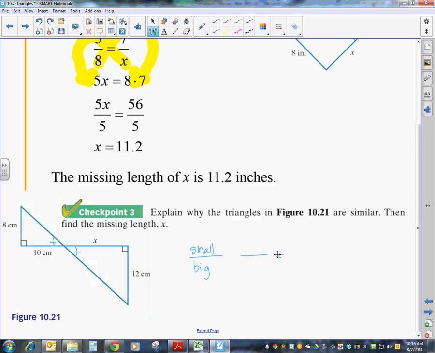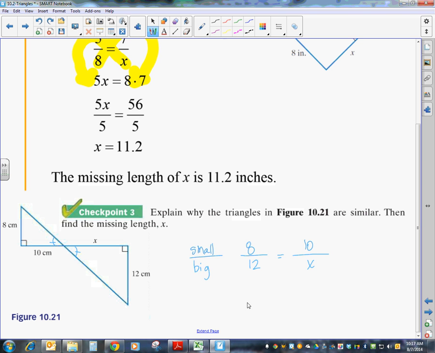So go to your small triangle. Pick a side, it doesn't matter which one, but opposite the one tick mark is 8 centimeters. What's opposite one tick mark here is 12. And in the small triangle we have 10. And in the big triangle, opposite that other angle is going to be your x.